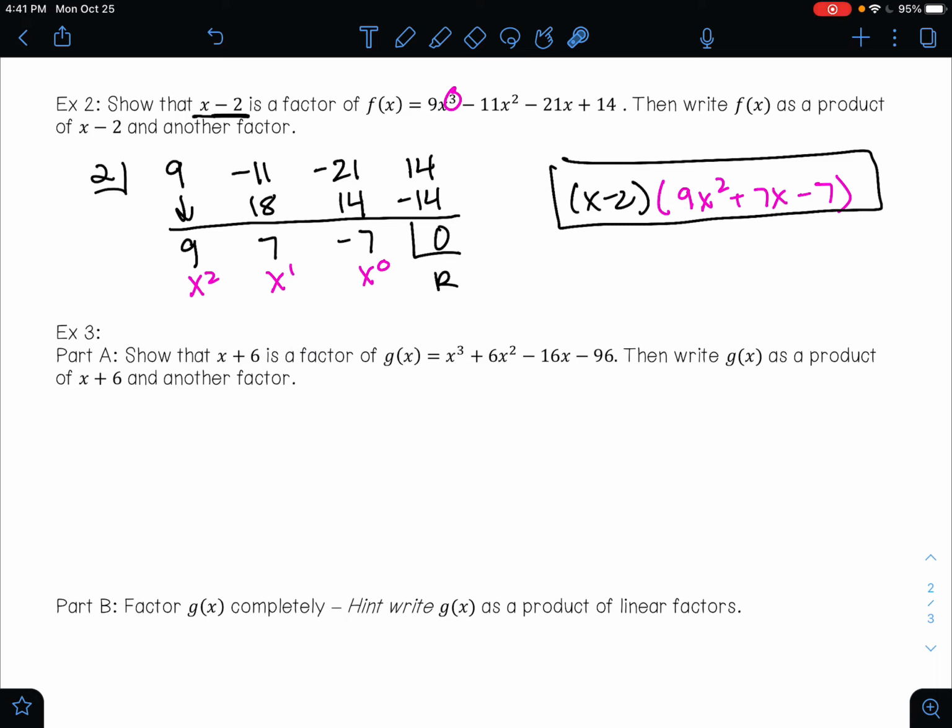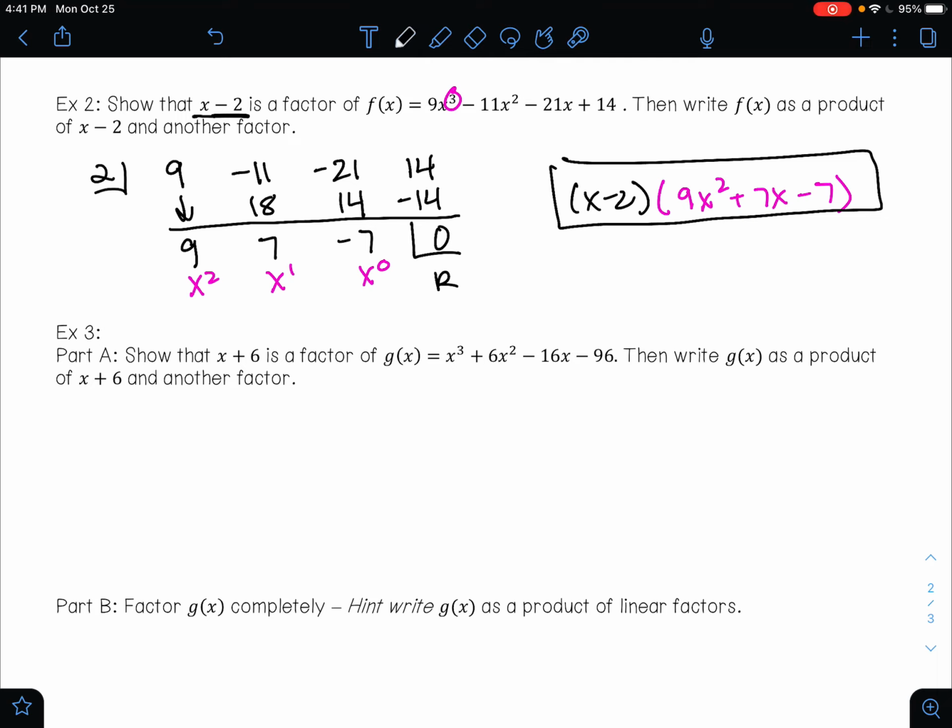So we're doing the same process. So let's try that to start. You always want to check to see if your polynomial is in standard form. And here it is. My exponents go 3, 2, 1, and 0. So we are in standard form. We are not missing anything. And so I can go ahead and do synthetic division with this.